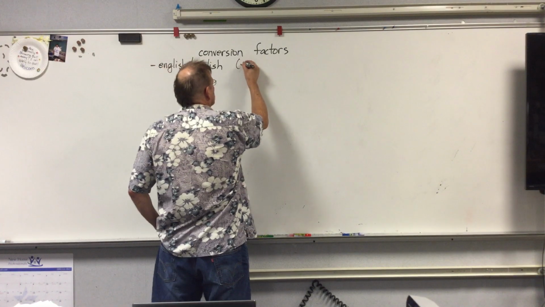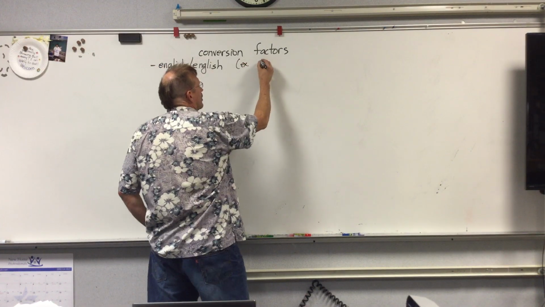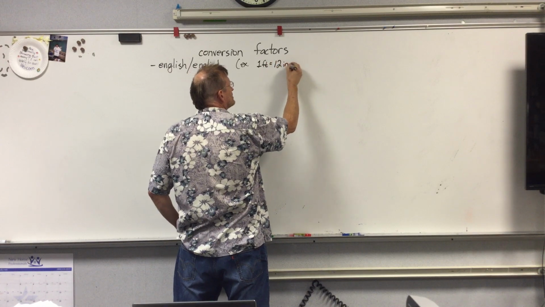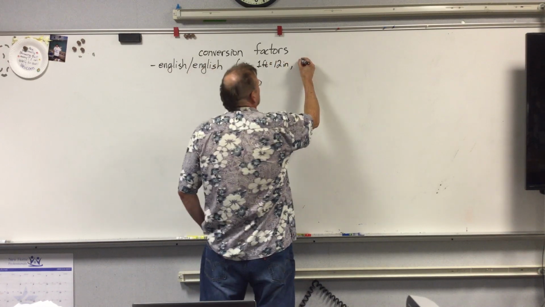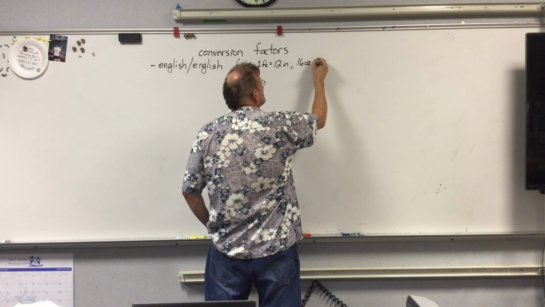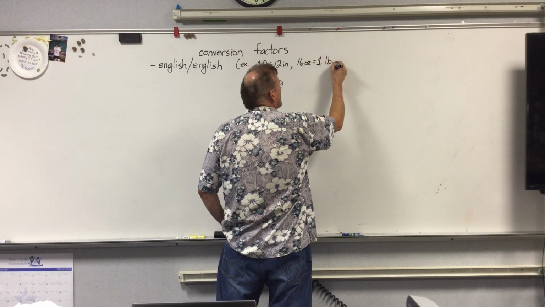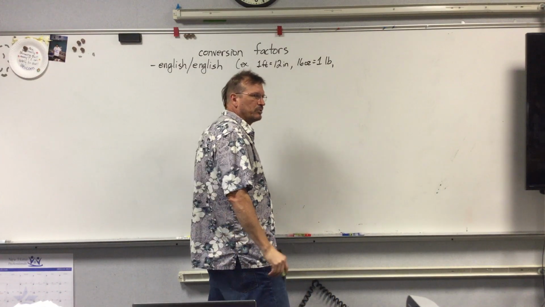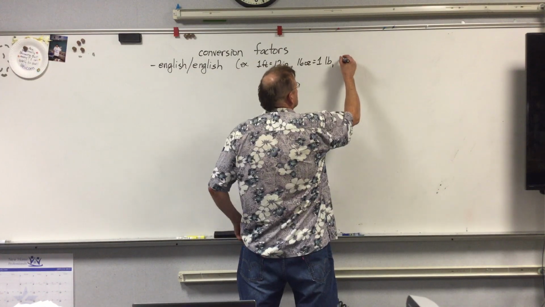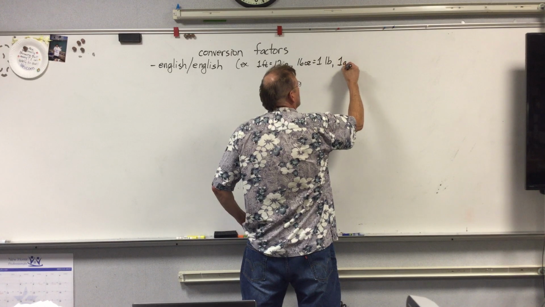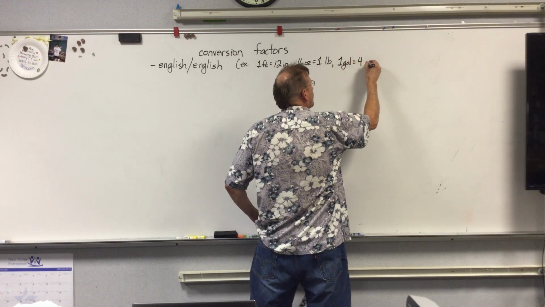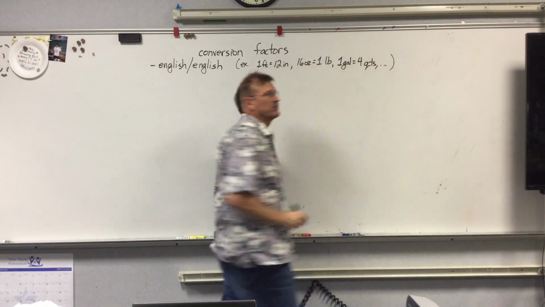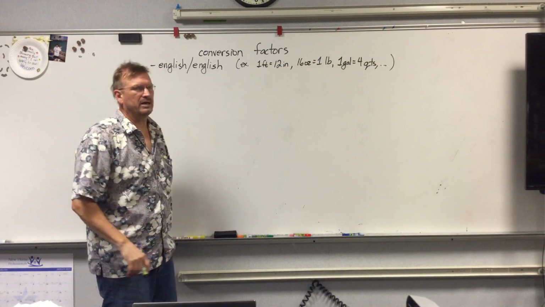These are things like 1 foot equals 12 inches, or 16 ounces equals 1 pound. I'm trying to think from a volume perspective, 1 gallon equals 4 quarts, etc., etc.